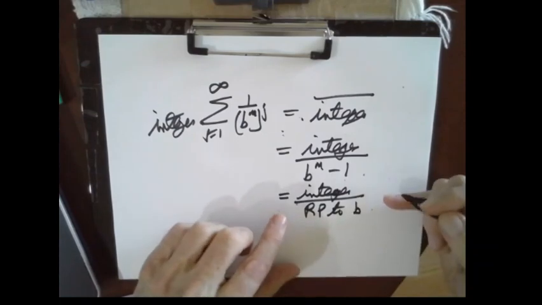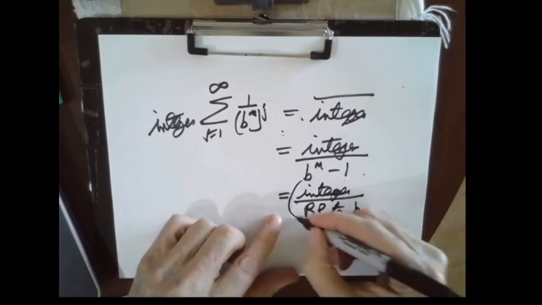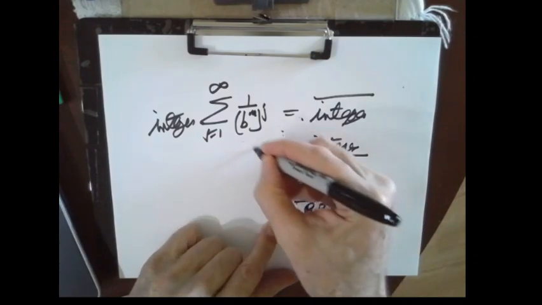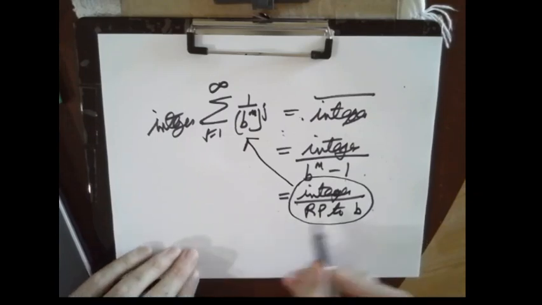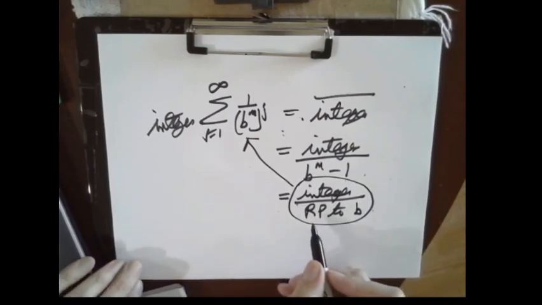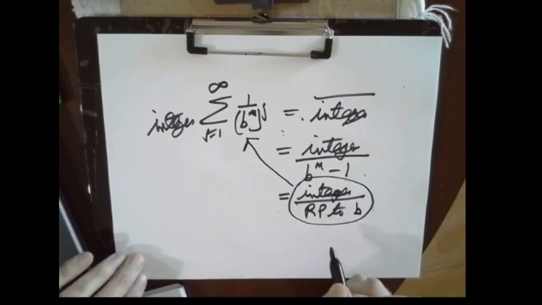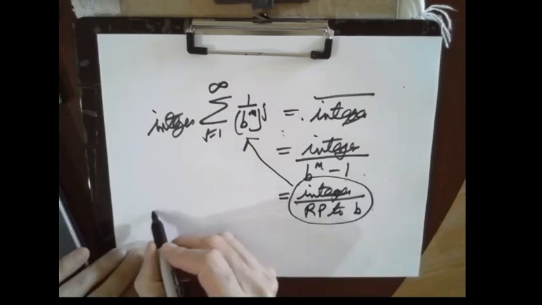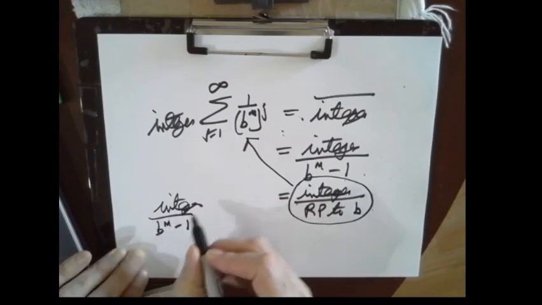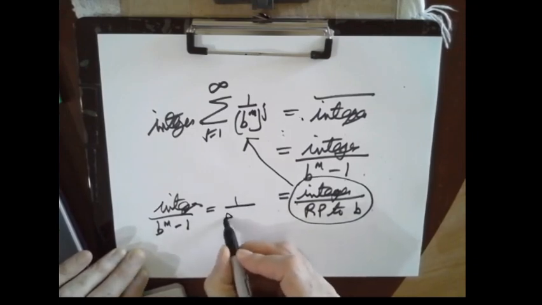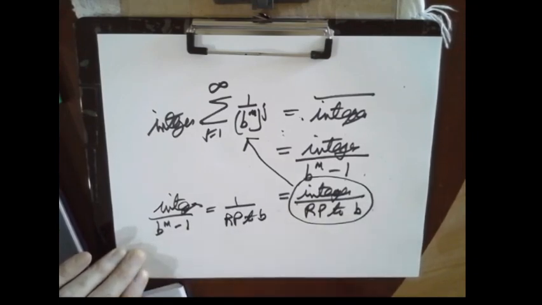Right, so you could start here and go back to here, I think. And then you could also do, well, this will be true. Let me see if I can get this. If the integer over b to the m minus 1 is equal to 1 over something relatively prime to b.